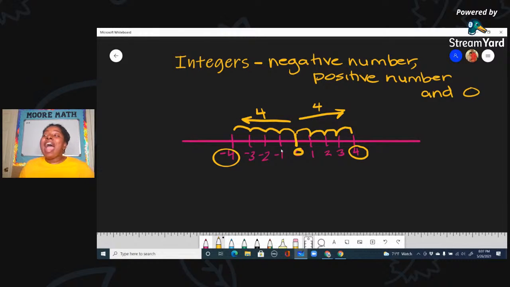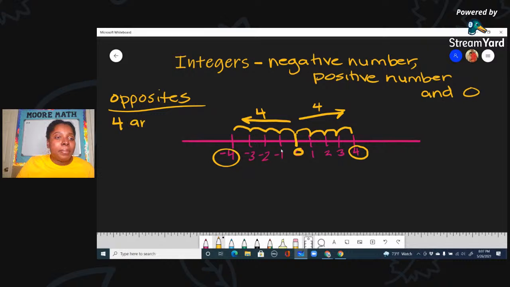Okay, so opposites are the same distance away from 0. 4 and -4 are opposites because they are on the opposite side of 0. They have the same distance away from 0 on the number line.